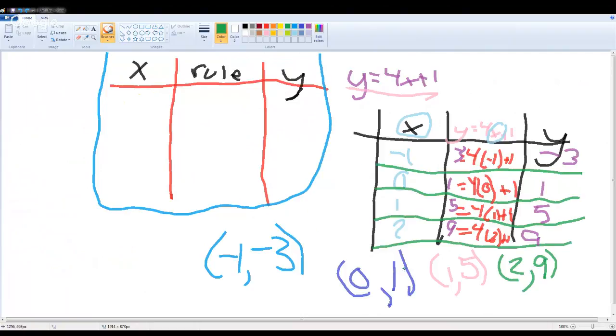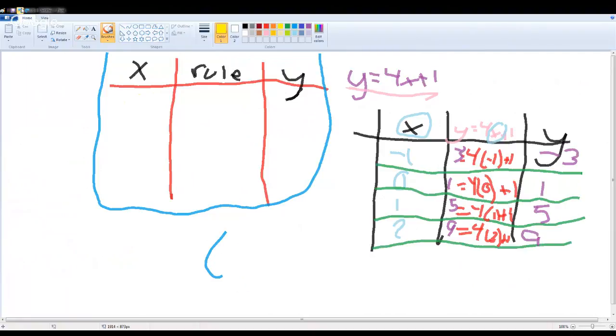So these are your answers. Whatever your answer choice is, it would have to have these answers in it. So that is how you do functions.